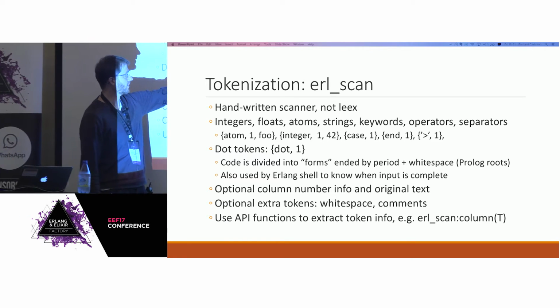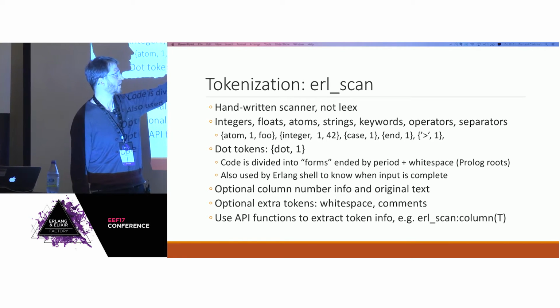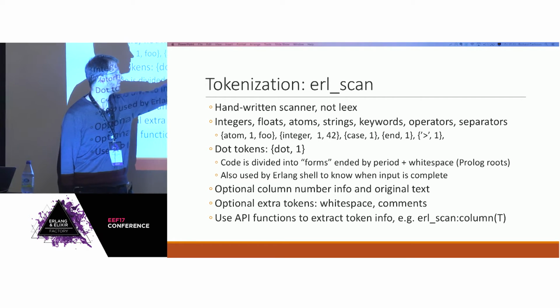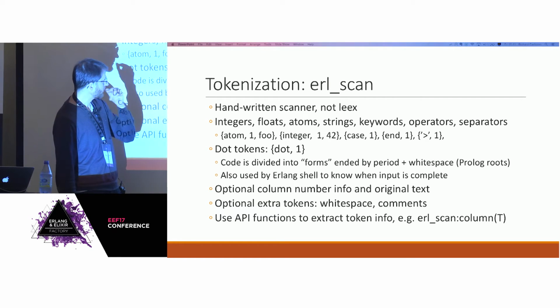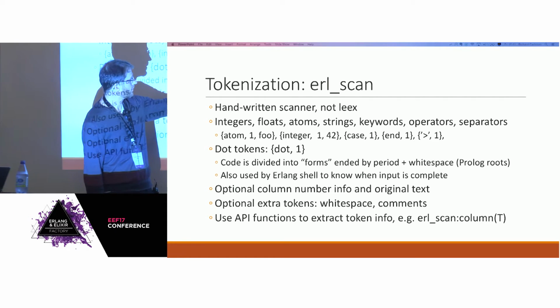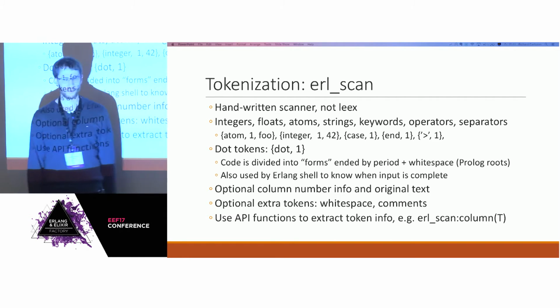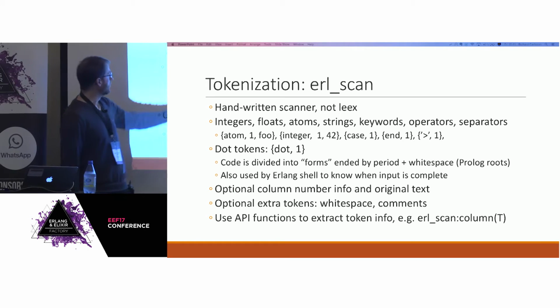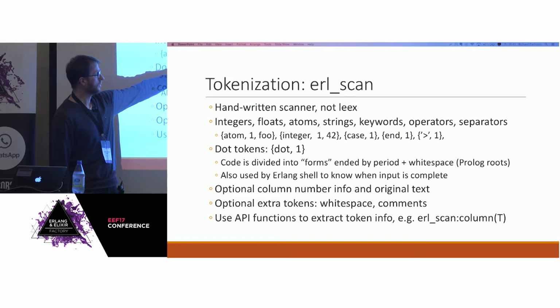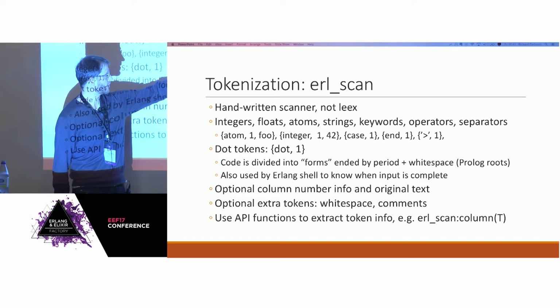And then I saw an integer at line 1, and the value was 42. And then I saw a case keyword, or an end keyword, or a larger than operator. So you see that these have a value, but these just are themselves.